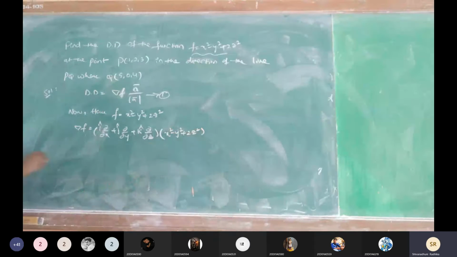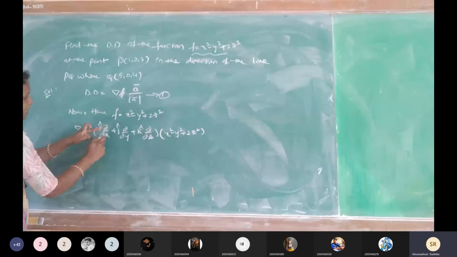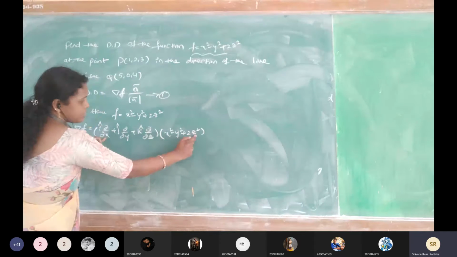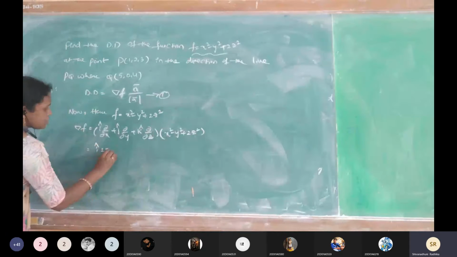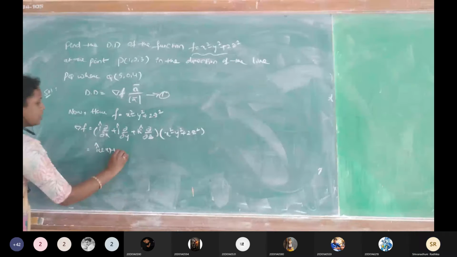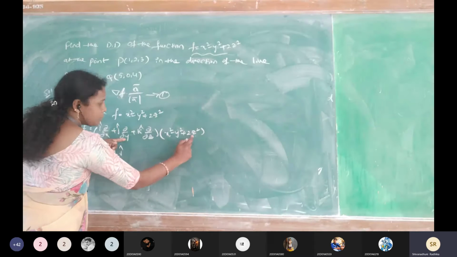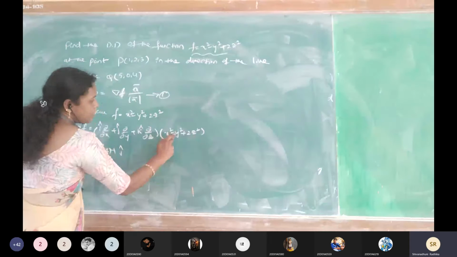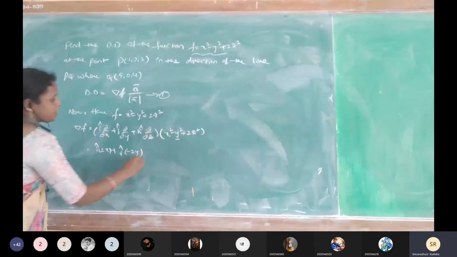Applying each derivative to the function: i cap dou by dou x; y square and 2z square are constants with derivative 0, x square differentiates to 2x. Plus j cap dou by dou y; x square is 0, 2z square is constant with derivative 0, remaining minus y square, whose derivative is minus 2y.